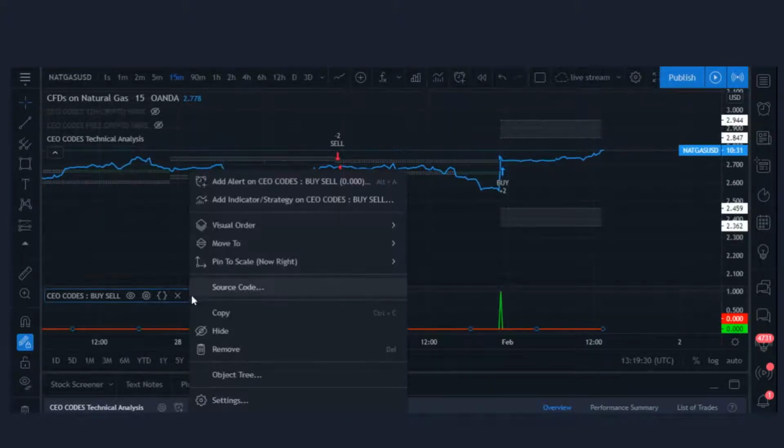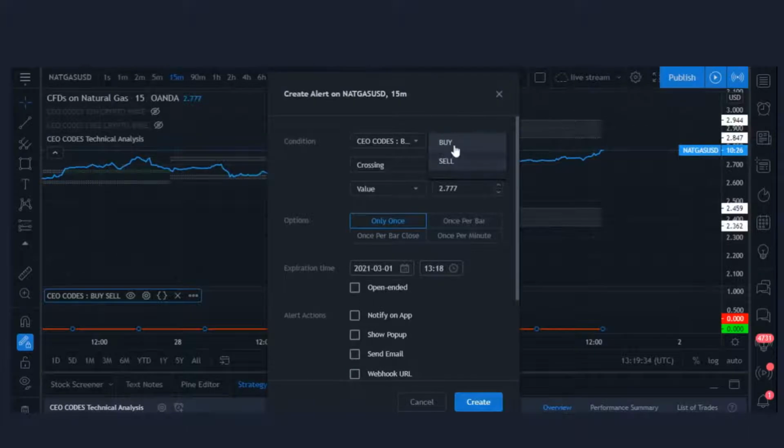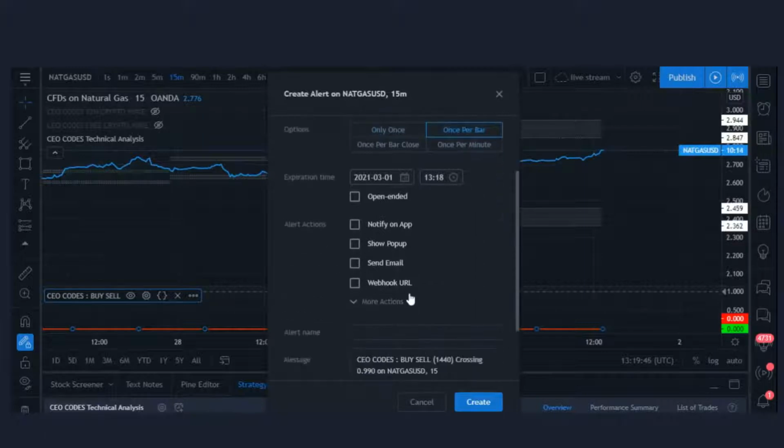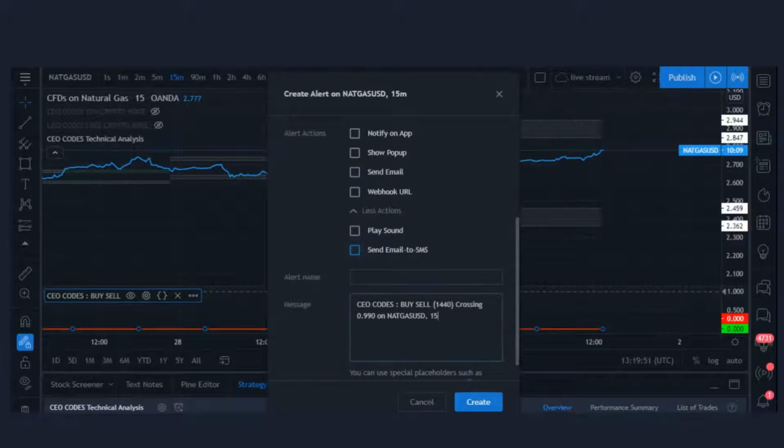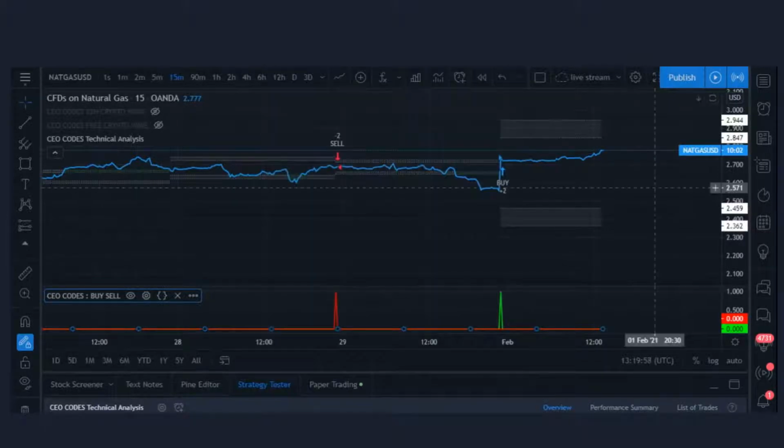So you just go here and buy or sell, and you write the alert here. You can choose to receive it one time, and you can receive it by SMS. You write your message here, like long natural gas or short natural gas, create, and you receive it when it comes long or short. We have some requests to see the silver.